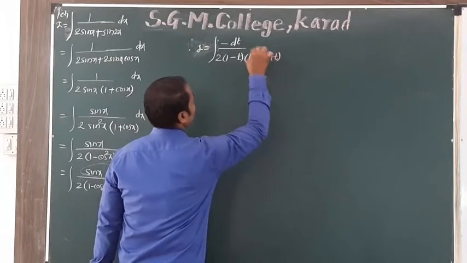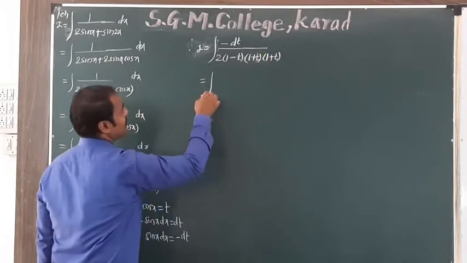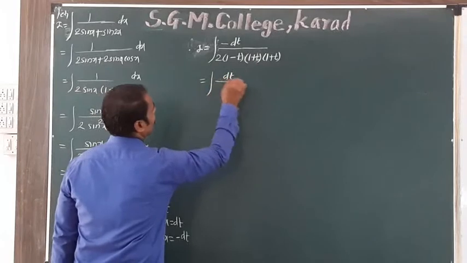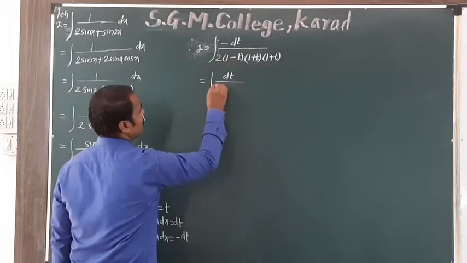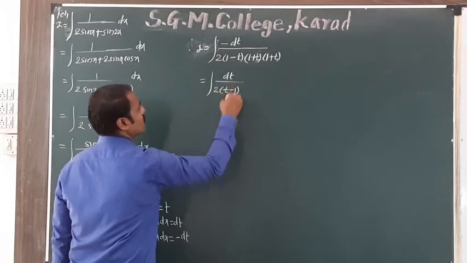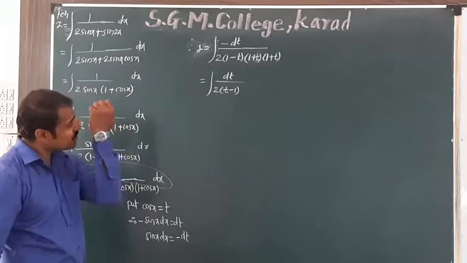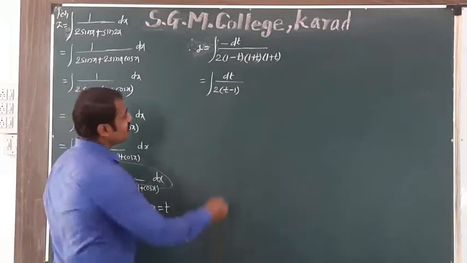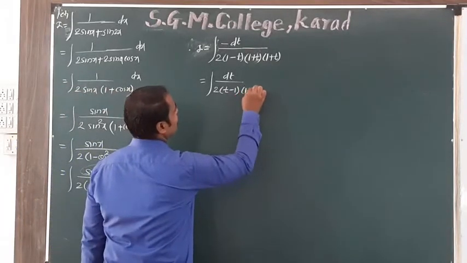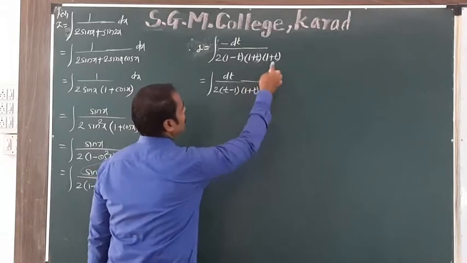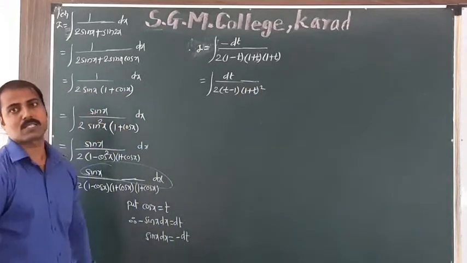We write this by taking the minus sign inside the bracket: 2 into t minus 1, minus becomes plus, plus becomes minus, into 1 plus t square, 1 plus t into 1 plus t, 1 plus t square.